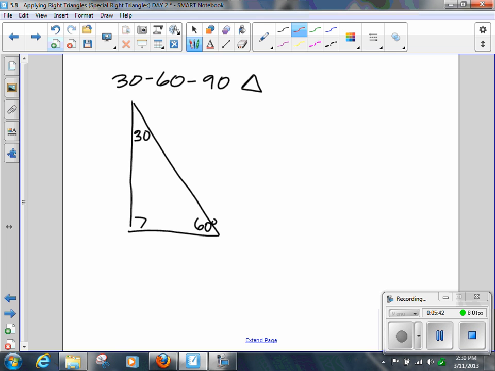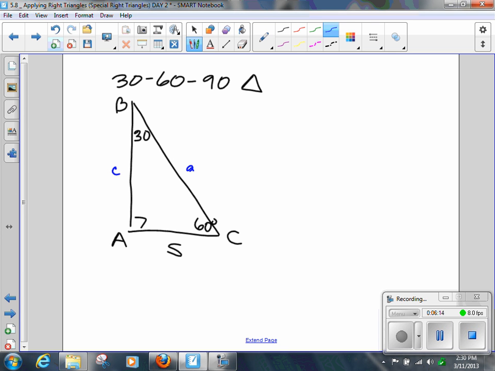If I were to tell you that the short leg, all right, let's label this triangle. How do you know it's the short leg? Because it's across from a 30-degree angle. If the short leg, AC, is 5, and I want you to find little c and little a, okay?